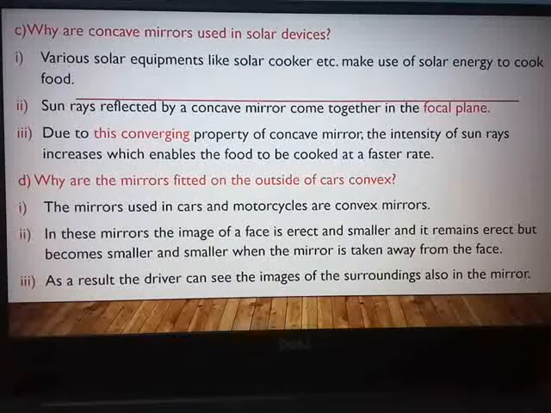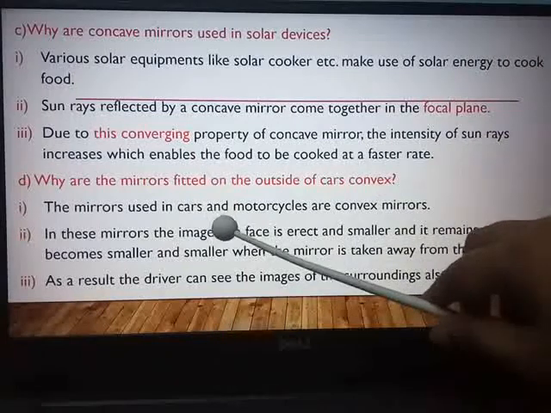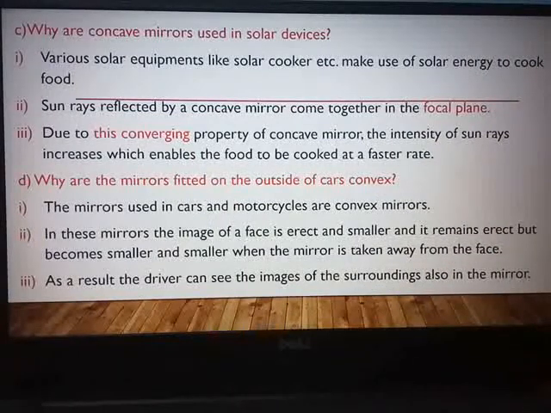So doctors want a beam to converge the light so that they can view small parts such as tooth, ear, nose, and then accordingly they can provide the proper treatment, and hence concave mirrors are used by doctors. So different types of open-ended questions can be asked in the exam. I hope all of you have understood question number 1C. Question number 1D is also marked in the textbook.